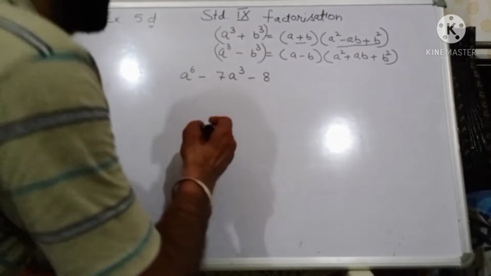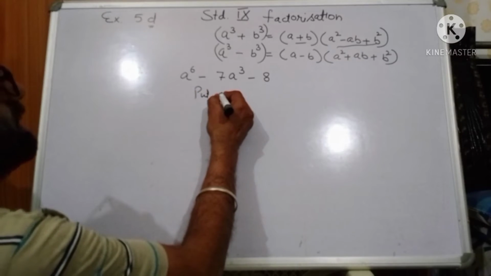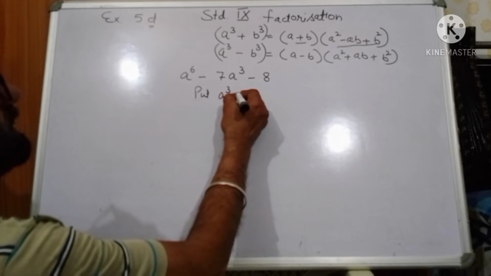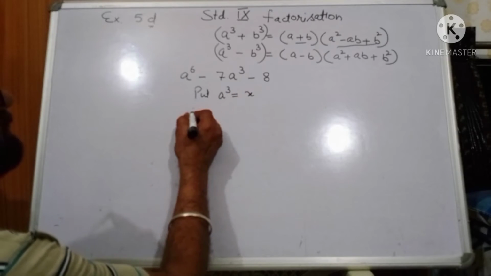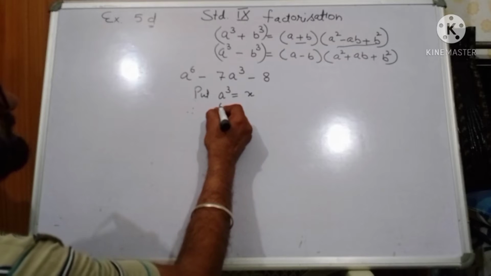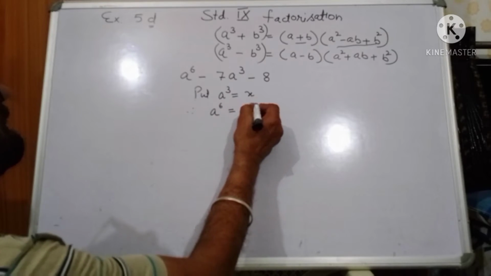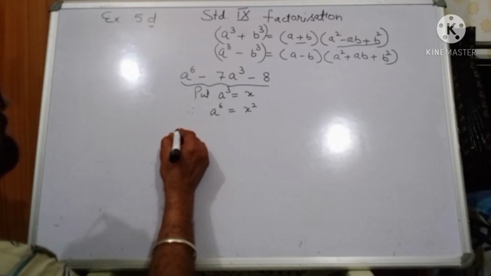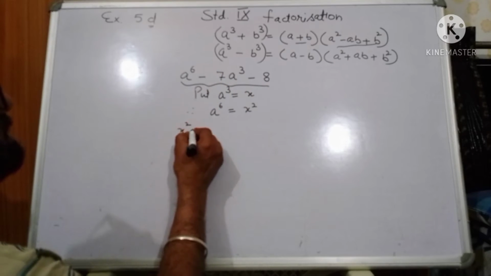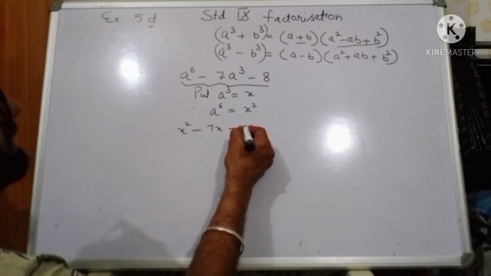We will put a cube is equal to x. Therefore, a raised to power 6 will become x square. And this polynomial will become x square minus 7x minus 8.